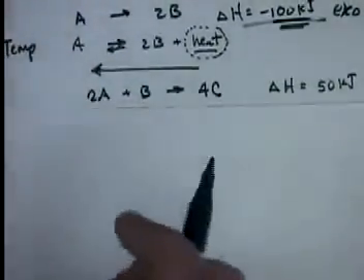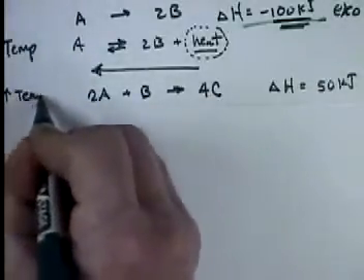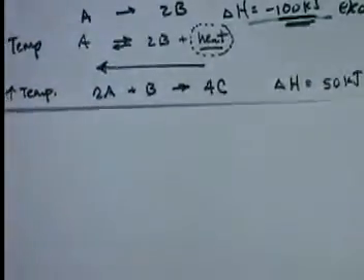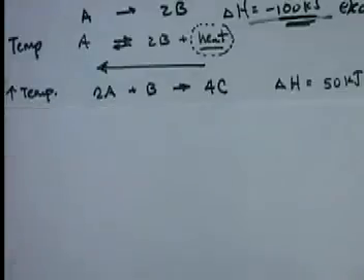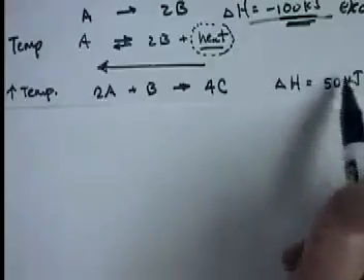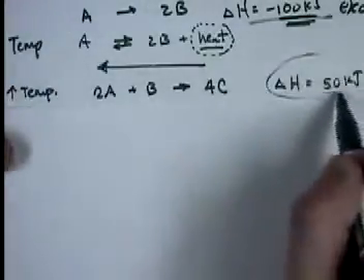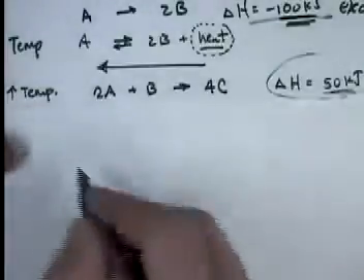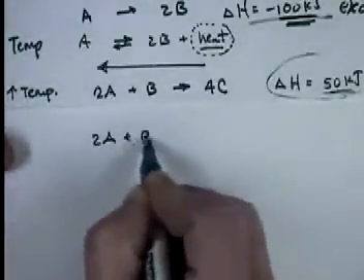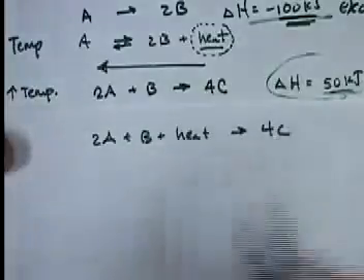Well, let's say that the question asks, what happens if I increase the temperature of this reaction? Well, first of all, before dealing with the increase in temperature, take the delta H right here and make it a reactant or a product. Since it's a positive delta H, make it a reactant: 2A plus B plus heat goes to 4C.